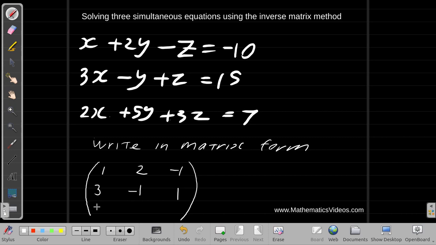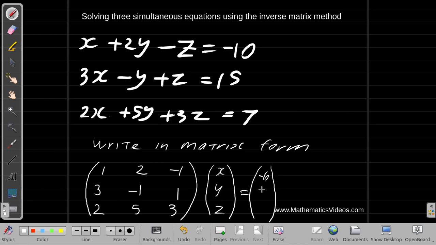And this says 2x plus 5y plus 3z. That multiplies by x, y, z, and equals negative 10, 15, 7.